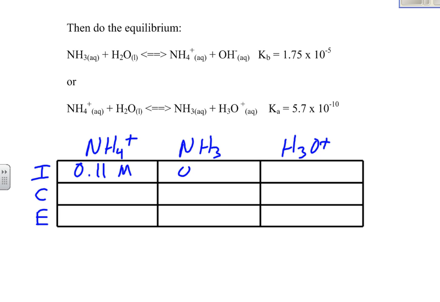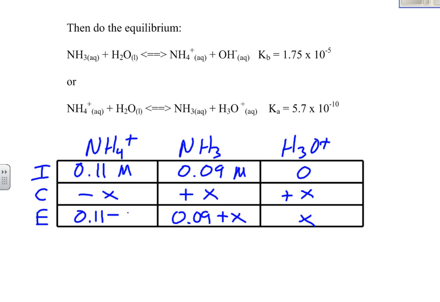The ammonia went down, it neutralized the acid, so 0.09 molar, 0. So we're going to go up by x, that's x, up by x, 0.09 plus x, and down by x, 0.11 minus x.